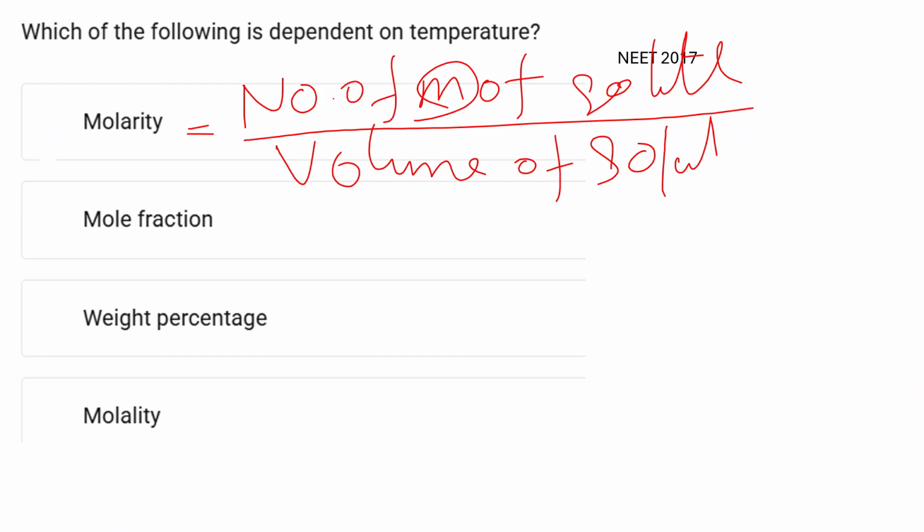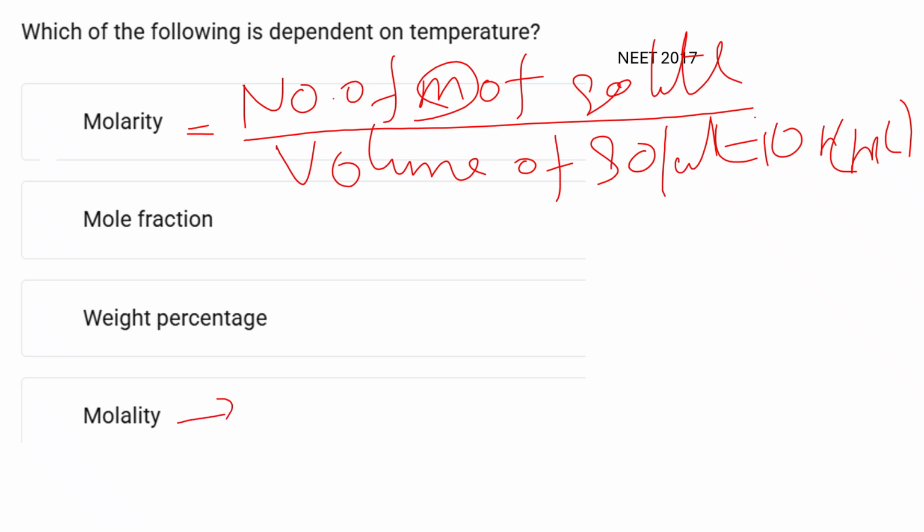Sorry, not volume of solvent, it is exactly the volume of a solution. Okay, there is a confusion. The volume of a solution is in milliliter or else liter, anything. I take this as ml. This is the definition of molarity.